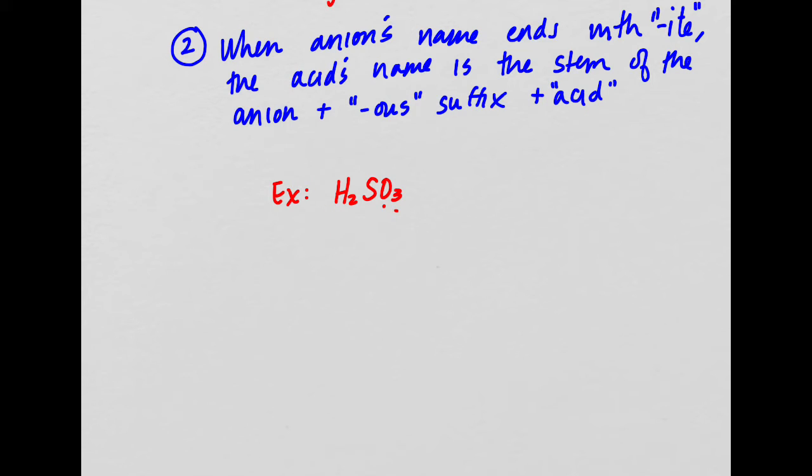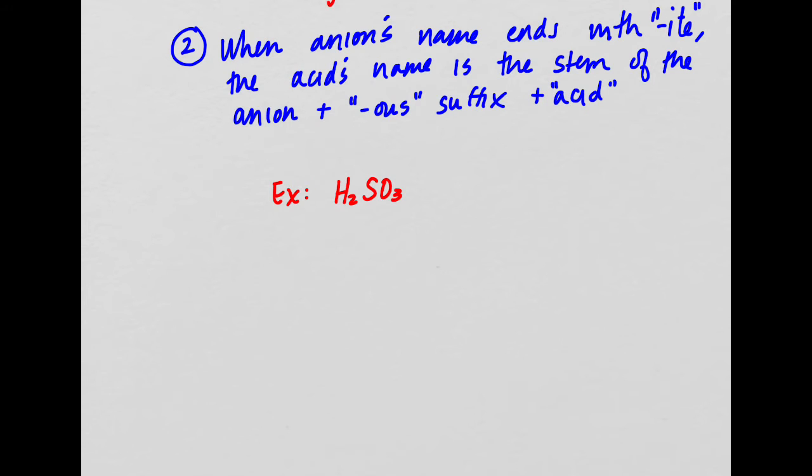In order to name this, I'm going to look at the anion. The anion is sulfite, SO3 2 minus. Sulfite ends with ite.